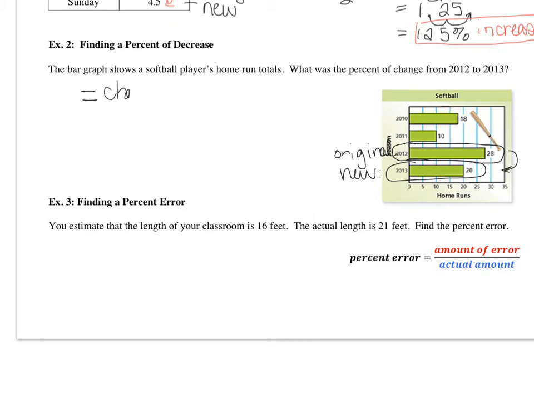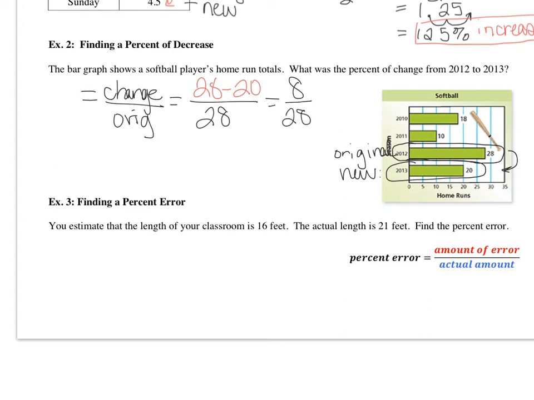Remember, we always do change over original, and we find the change by subtracting our two numbers. This time we're going to take 28 minus 20 to find the difference, and then always divide it by the original, which this time would be 28. 28 minus 20 is a difference of 8 home runs. The original would be 28.